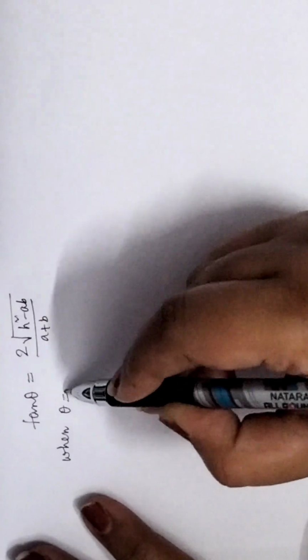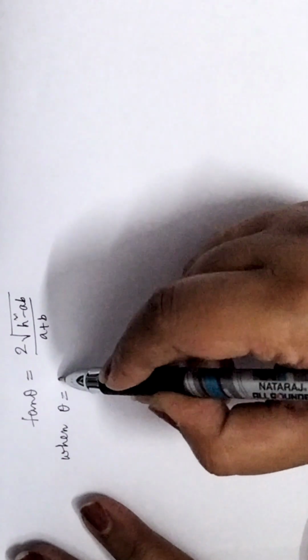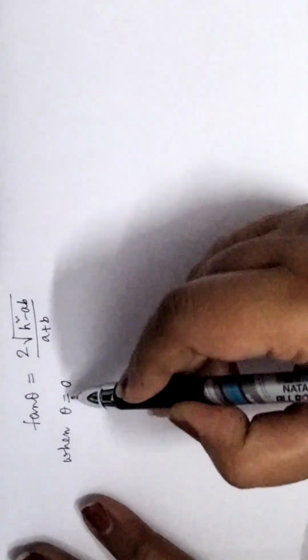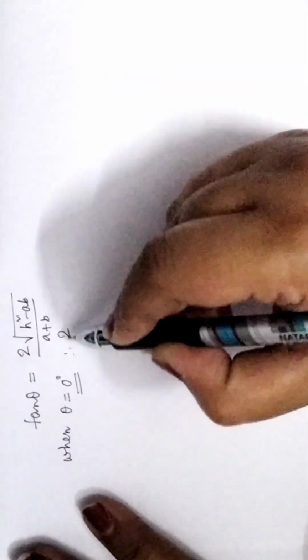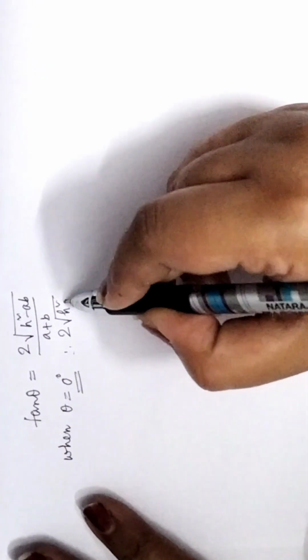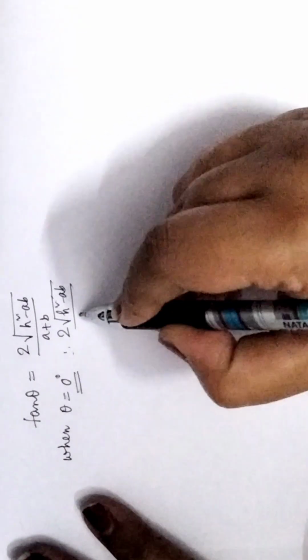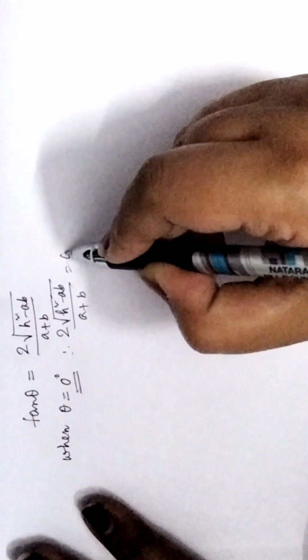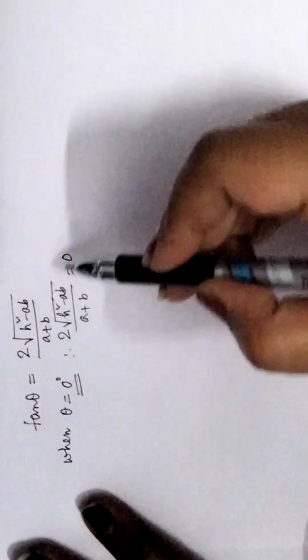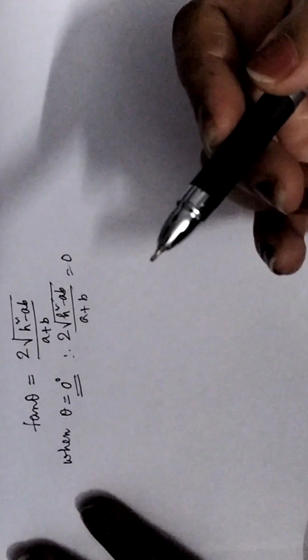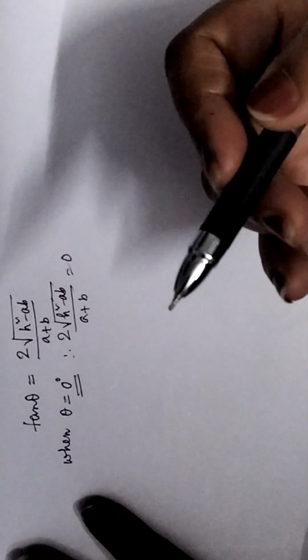So if we think about this structure, we will find that when theta is 0 degree, then what will happen? Obviously this 2 into root over h square minus ab by a plus b will be 0, because tan 0 degree is 0. Now theta 0 degree means what? It means that the lines are coincident, right?